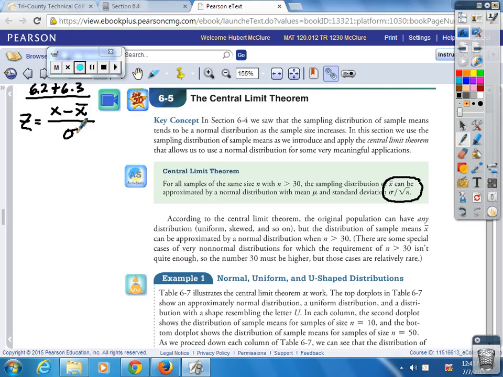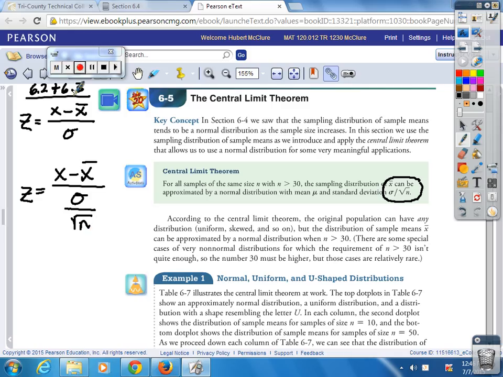It's going to give you that little bit of B information. And when it gives you that, you're going to be dealing with this z-score formula. Okay? That's the only difference.